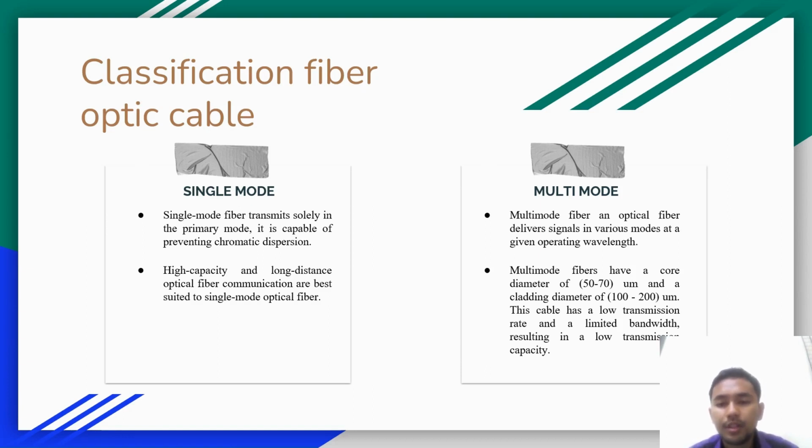Multi-mode fiber is an optical fiber that delivers signals in various modes at a given operating wavelength. Multi-mode fibers have a core diameter of 50 to 70 micrometers and a cladding diameter of 100 to 200 micrometers.